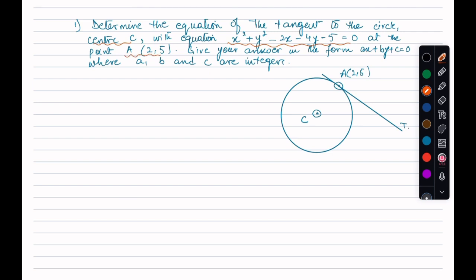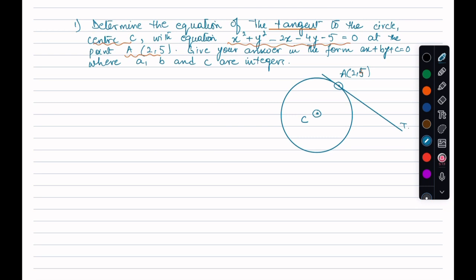So the equation of the tangent to the circle at the point (2, 5). I have drawn this tangent at point A with coordinates 2 and 5 here.